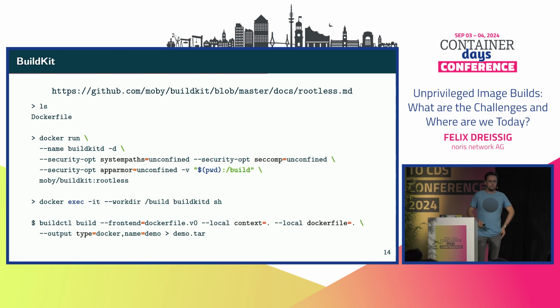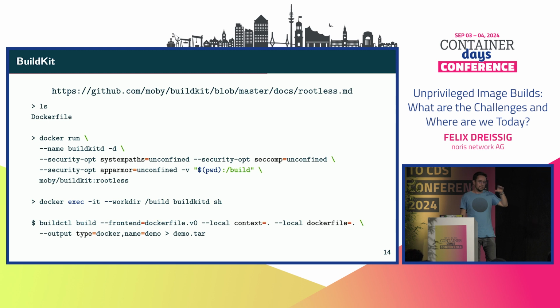But you can also use it directly through a tool called buildctl, which is delivered with it. And they even have a doc for how to do it in a rootless way in their repo, so this is what I adopted. On our outside host, we have some Dockerfile. Then we start a BuildKit container, we disable the security options as we previously discussed, and we mount our current directory with the Dockerfile into the container.